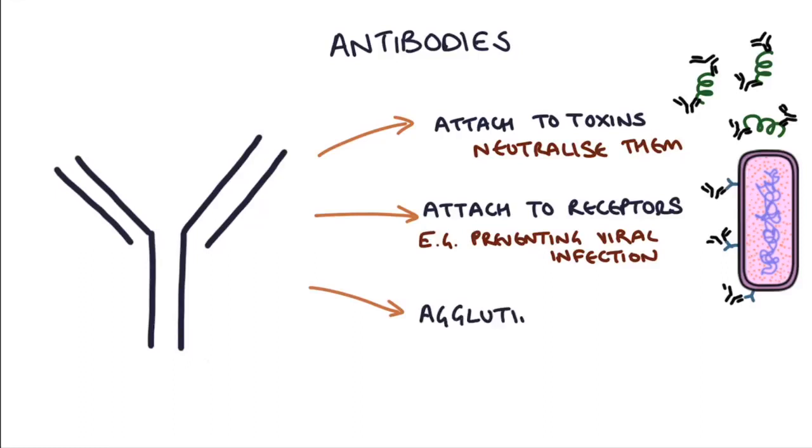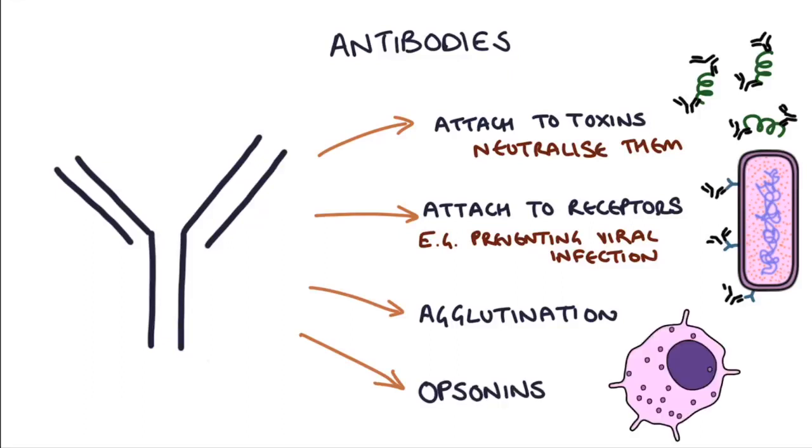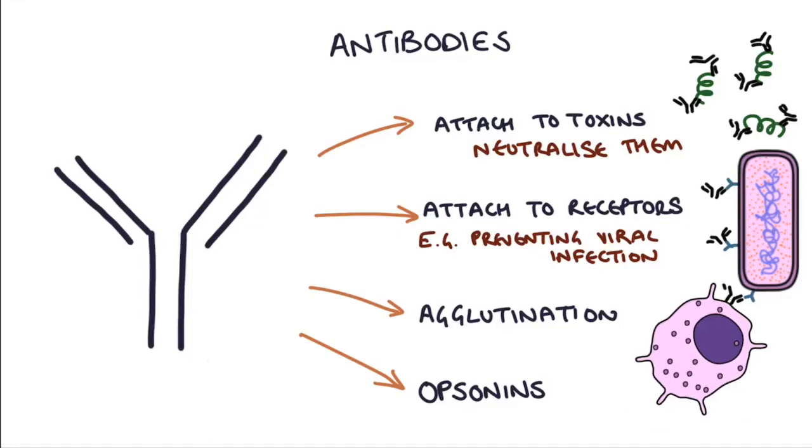This is called agglutination. Finally, it can be very difficult for the simplistic receptors of macrophages and neutrophils to recognize certain pathogens. Antibodies can act as opsonins that are highly specific to the invading pathogen, and by attaching themselves to that pathogen, acting as opsonins, they can help the macrophages and neutrophils to recognize and destroy that pathogen.